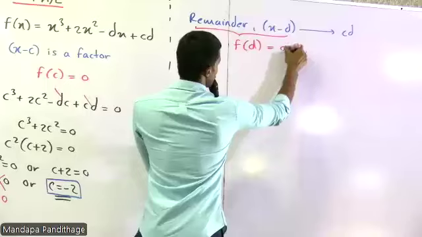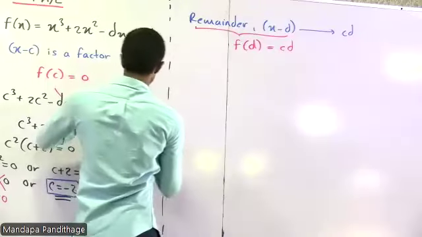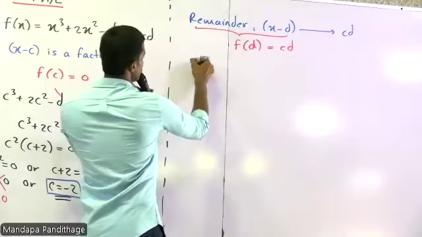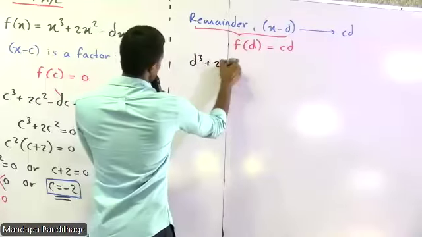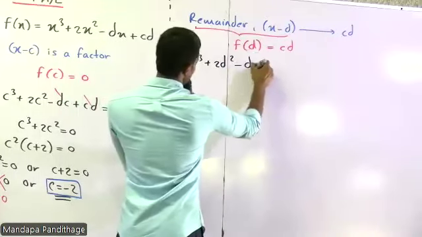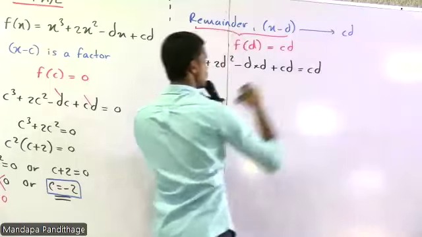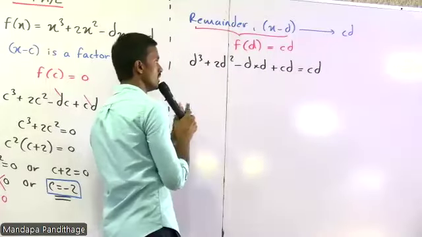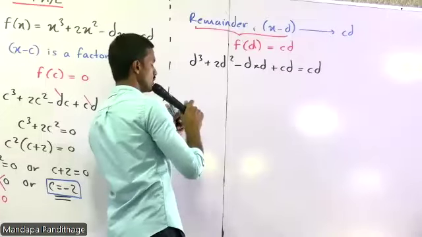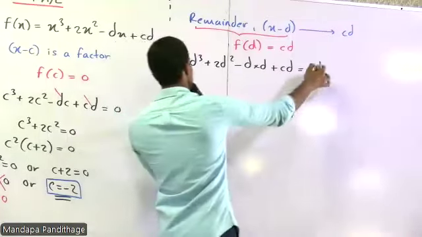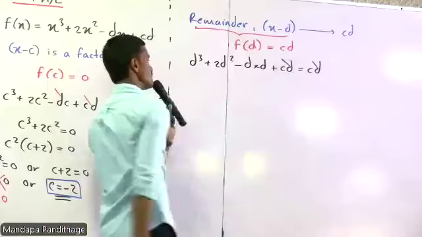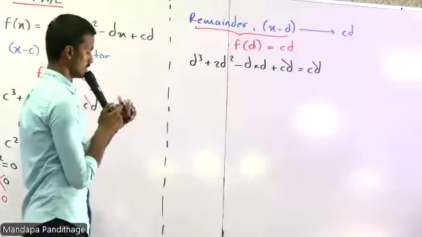Okay, now substitute x equals d here. It's d cubed plus 2 times d squared minus d into d plus cd is equal to cd. So that's why I told you, if they give an unusual remainder, that is for your own convenience. So now the simplification is much easier. cd cancel off.